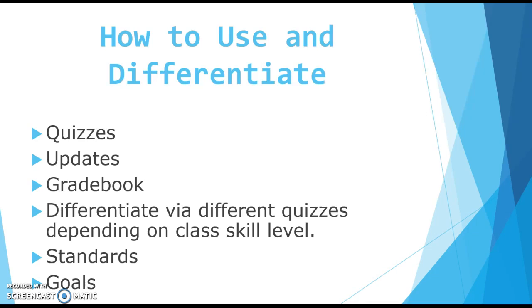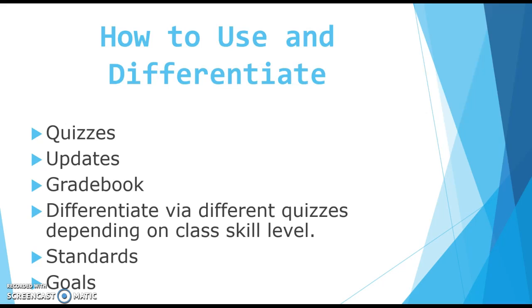There are quizzes you can use. The updates come regularly. There is a grade book that is set up to give you the averages and the different assignments. And you can add additional assignments, not just the ones from Edmodo, obviously. And you can differentiate because each class that I had put in, if you follow that video, has a different code for that class to join that particular class.